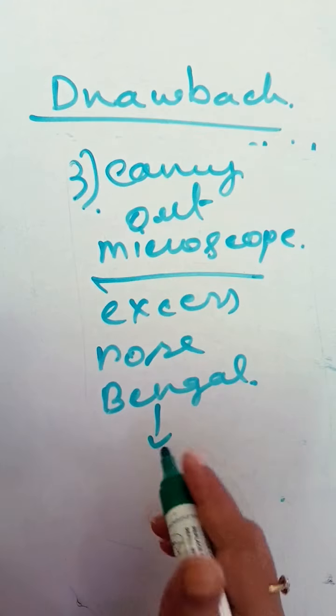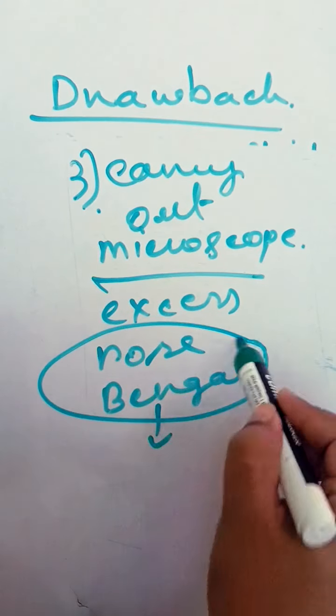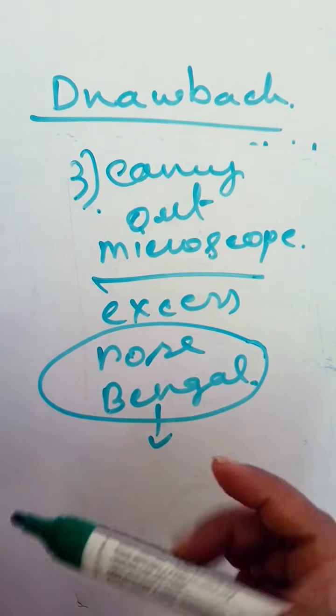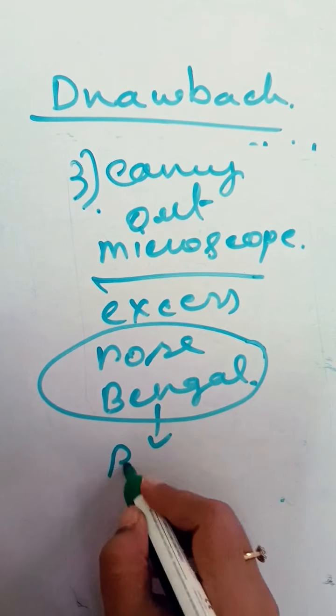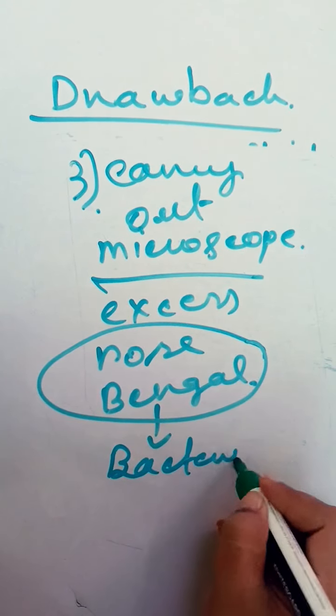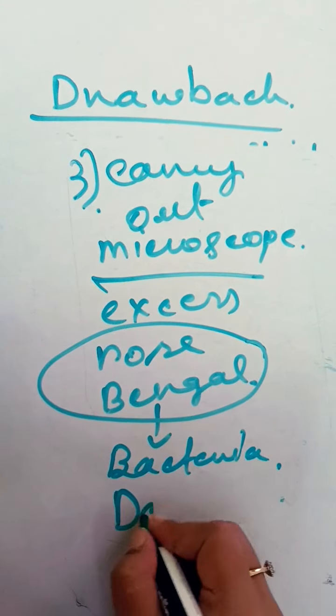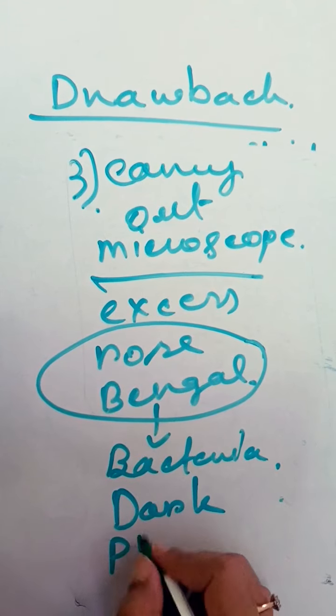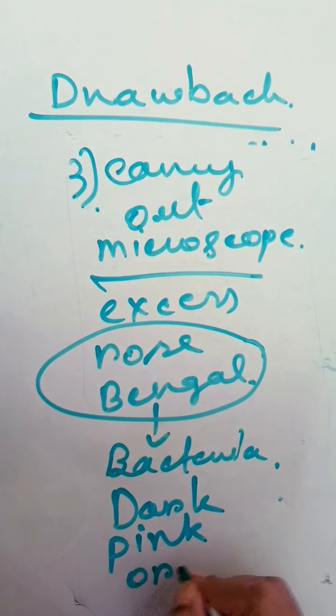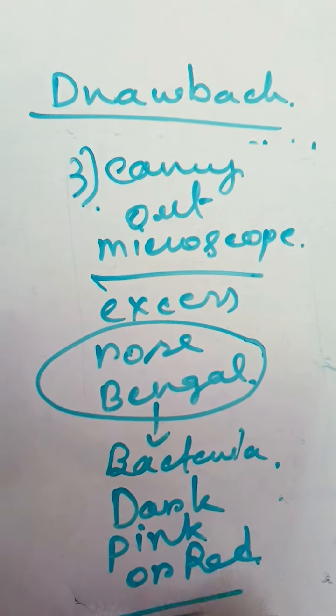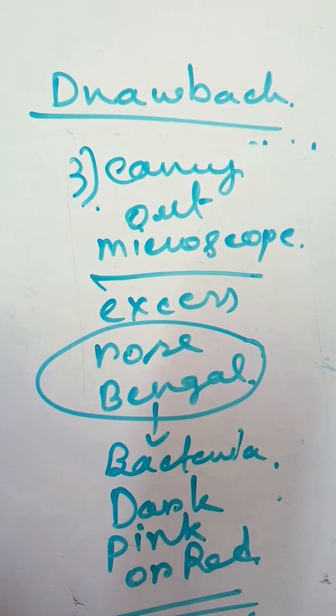But no, it's not bacteria, because whenever you put the rose Bengal stain in a minimum amount, the bacteria will take the stain and stain dark pink or red in color, always. It's not like they will stain light pink or lightish in shade.